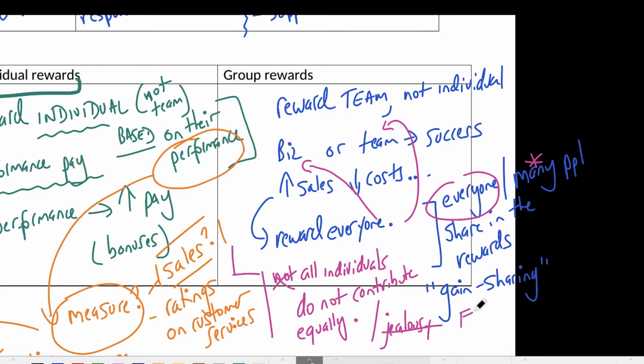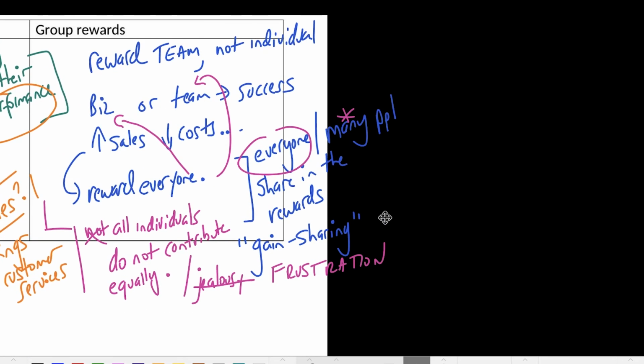We can definitely get a sense of frustration, and maybe even people getting annoyed, being like, well, they're not working as hard as I am, but they're still getting benefit, so maybe morale falls. But also maybe everyone just thinks, well, I'm going to get rewarded anyway, so why would I put in more effort? If everyone's going to get a reward, why am I going to work harder? So that can be a challenge that is experienced with those group rewards.